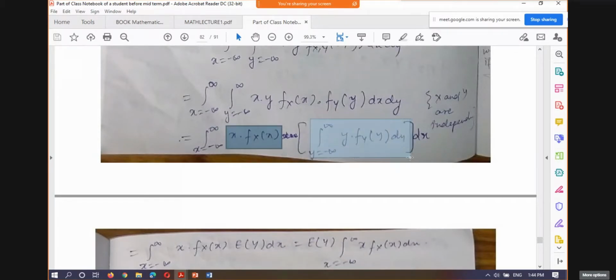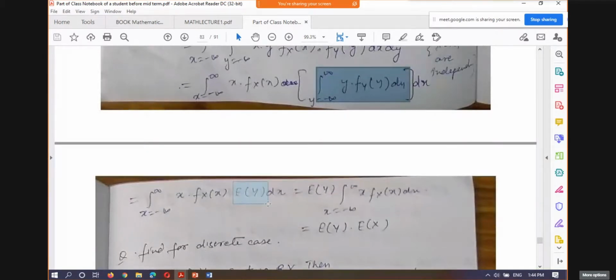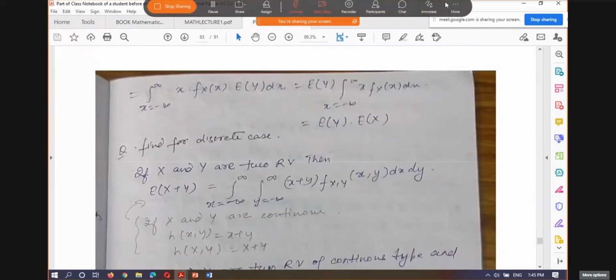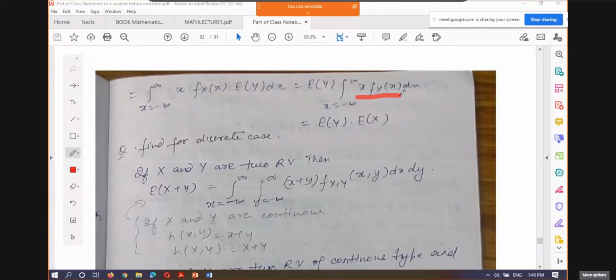If you remember the definition of expectation for a single random variable, y is the small y, the value taken by the random variable capital Y, and fy is the density function of capital Y, integrated over the whole domain from minus infinity to plus infinity. So the result of this integration is the expectation of y, and we substitute its value. After integration this becomes a constant, so it comes out of the integral. Now we have the integral over x from minus infinity to plus infinity of x fx dx. Again, by the definition of expectation, x is the value taken by the random variable capital X, f of x is the density function, and integrating from minus infinity to plus infinity gives the expectation of x.